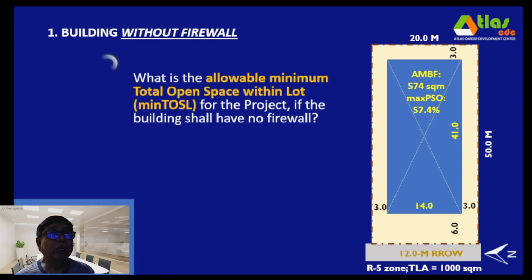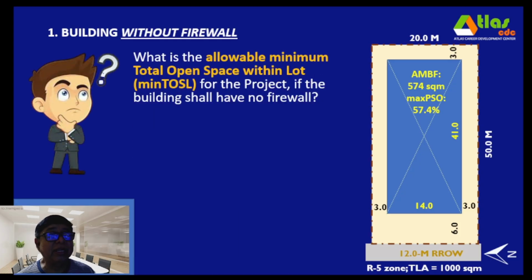Okay, so ang next naman natin na kukunin is the allowable minimum total open space within lot for the project, or the minimum TOSL for the project if the building shall have no firewall.